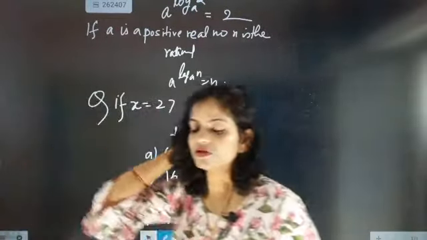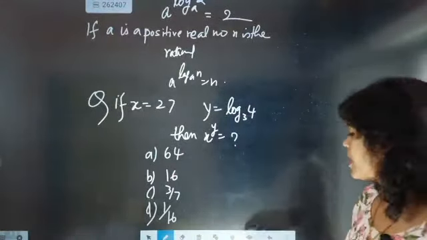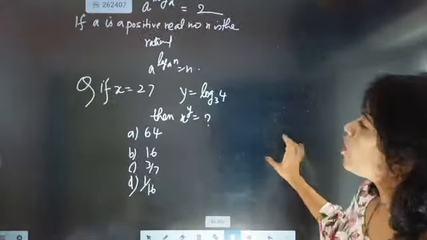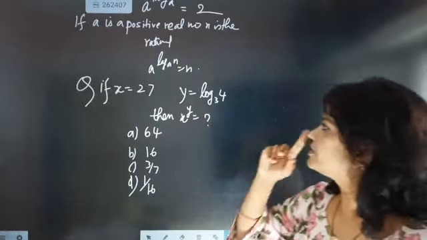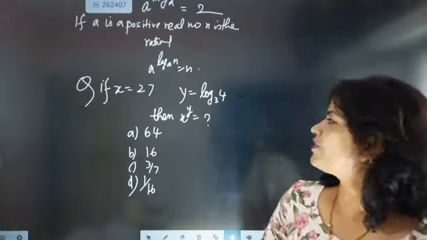Absolutely correct, Prince. Gautam, absolutely correct. So now solve this question out. x is 27 and y is log base 3 of 4. Then what will be the value of x to the power y?